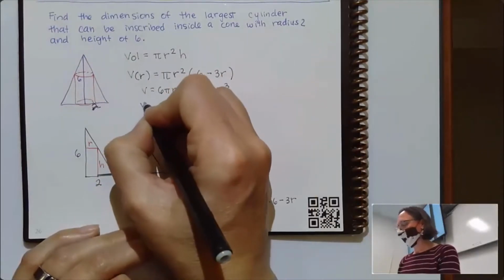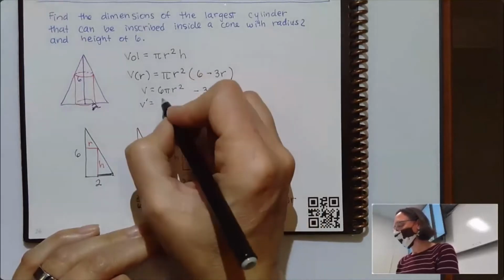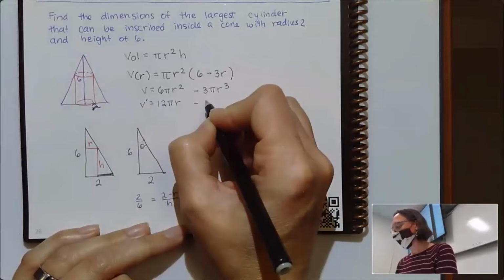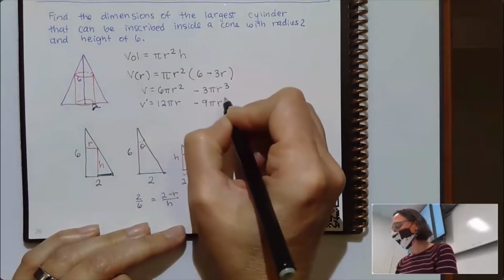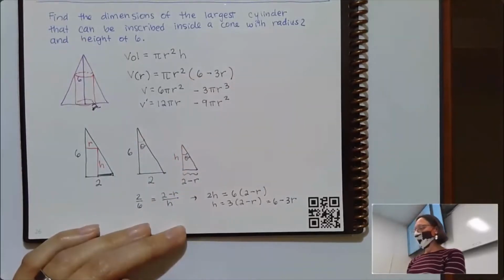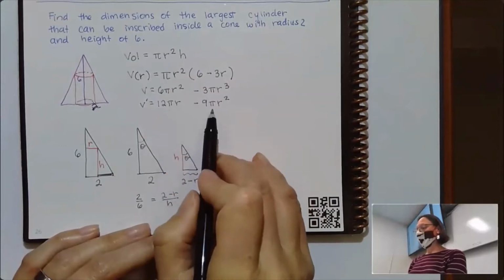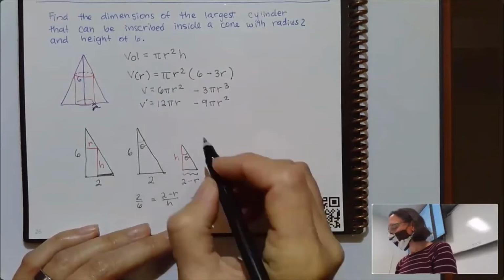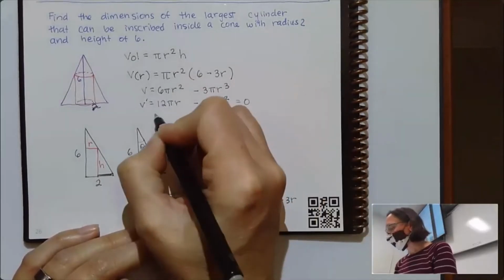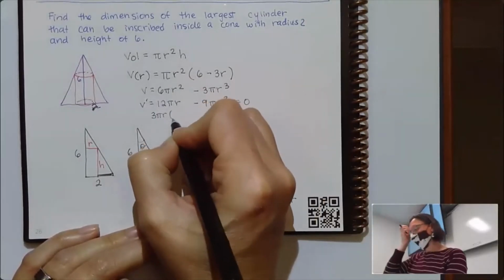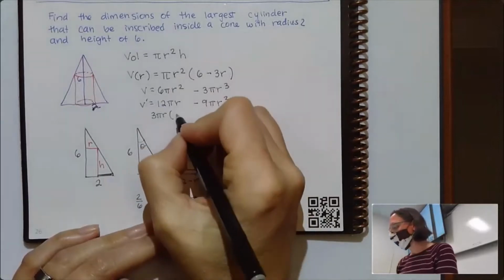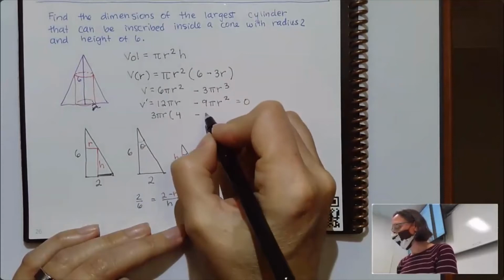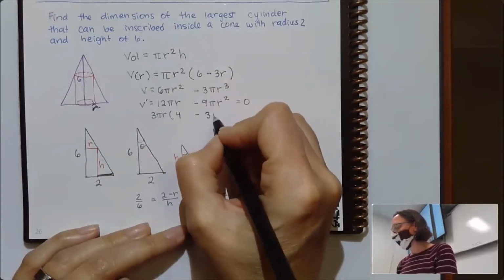When I take that derivative, that's 12 pi R minus 9 pi R squared, which means I can factor out a pi, an R, and a 3. Pulling the 3, the pi, and the R out from the first piece, I'm left with a 4. And from the second piece, I'm left with 3R.